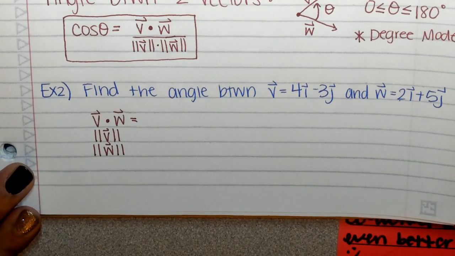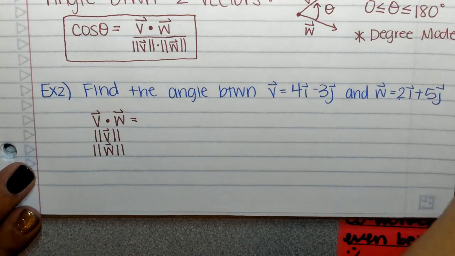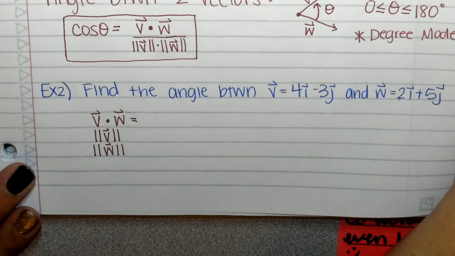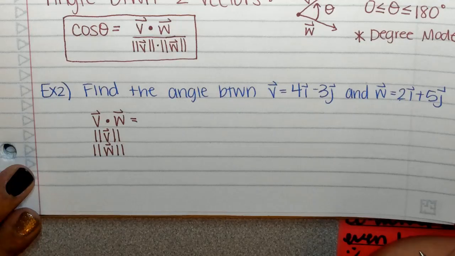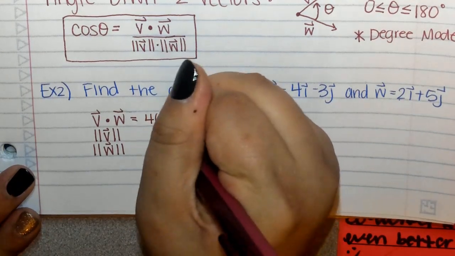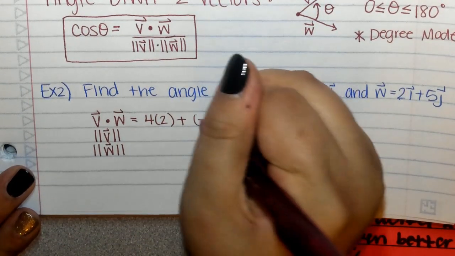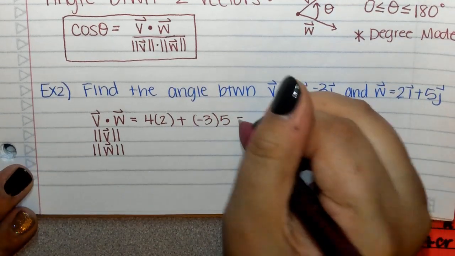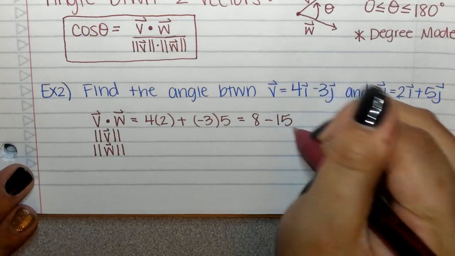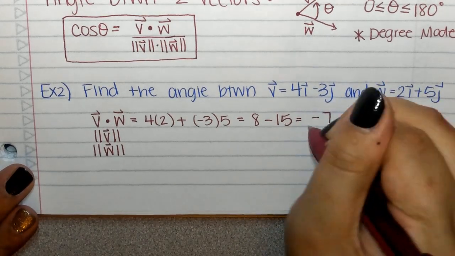So how do you find dot product again? And that's going to give me 8 minus 15, which is negative 7.